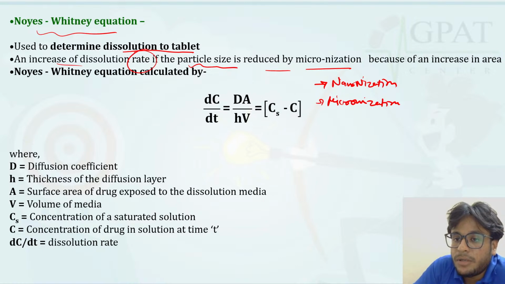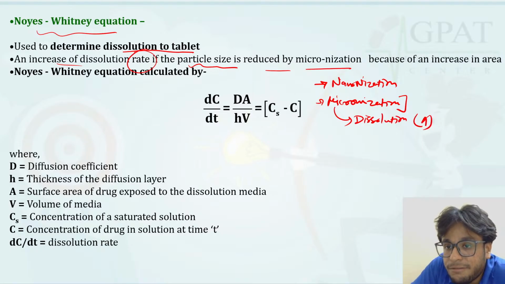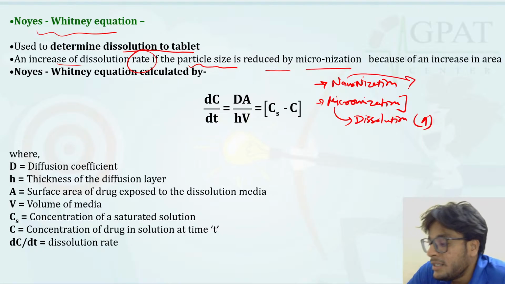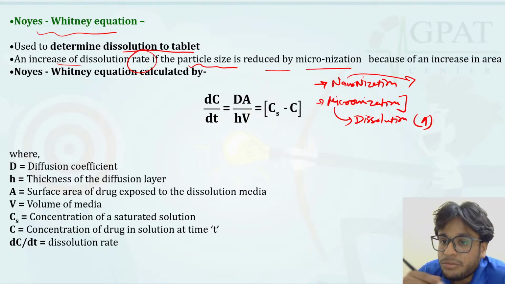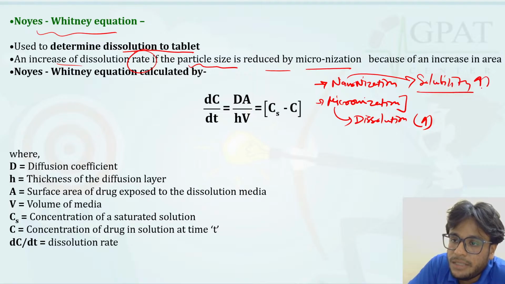They are mainly asking about micronization. Whenever we do micronization, it will increase the dissolution of the tablet. But if we reduce particle size by nanonization, it will mainly increase the solubility. So this is also an important point.